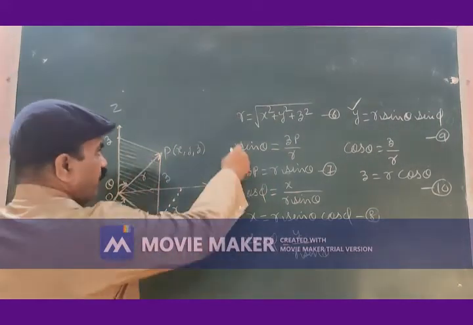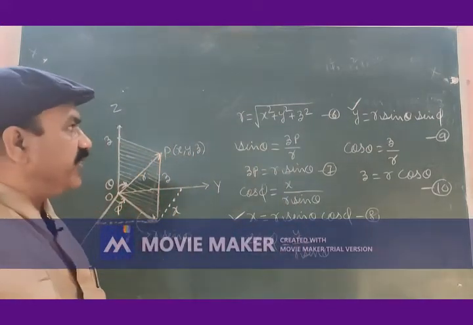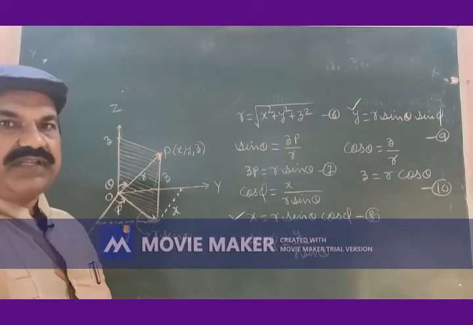Okay, here we found r. R is given by this equation, square root of x square plus y square plus z square.